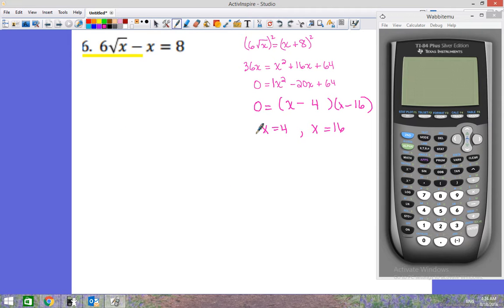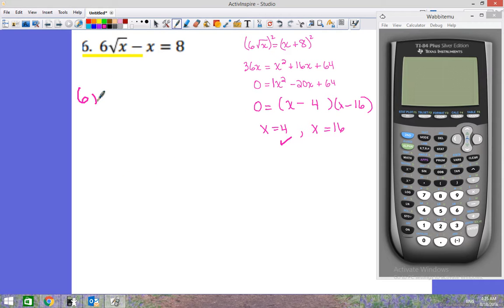So if we plug in 4, on the left-hand side we've got 6 times the square root of 4 minus 4, and the big question is, will that evaluate to 8? We've got the square root of 4 is 2, 6 times 2 is 12, 12 minus 4 is 8, so hey, that guy checks. Alright, let's see about this other one.